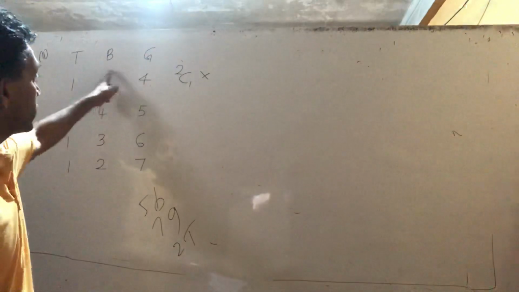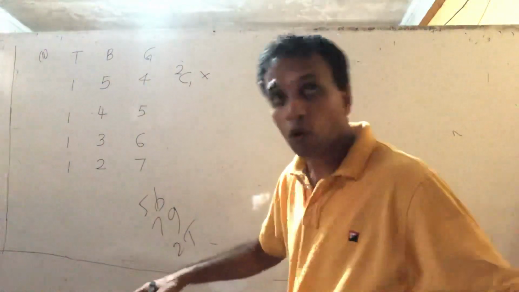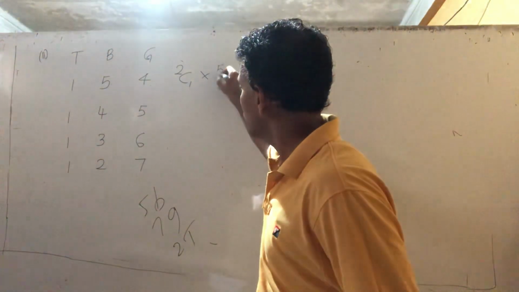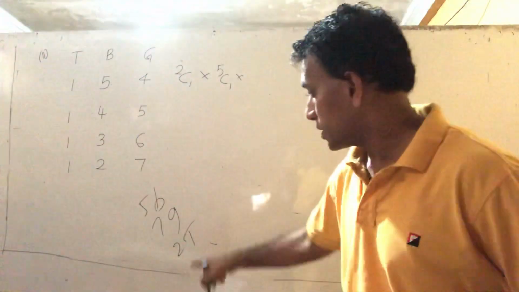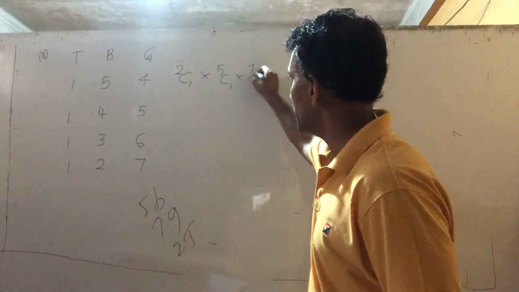So what is 5 boys from 5 boys? All the 5 come, therefore there is only one chance, 5C5, into 7 girls, 4 girls selection, 7C4.